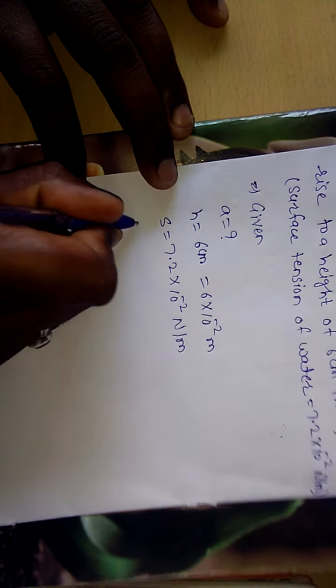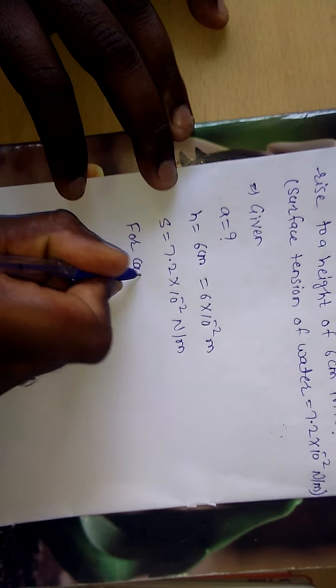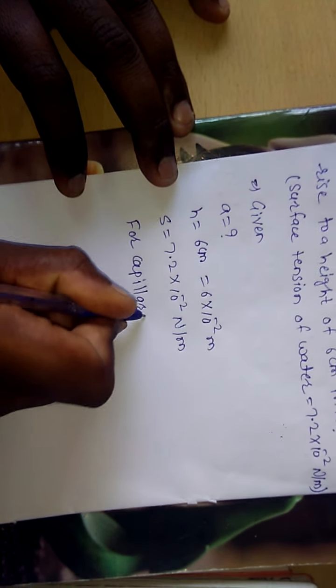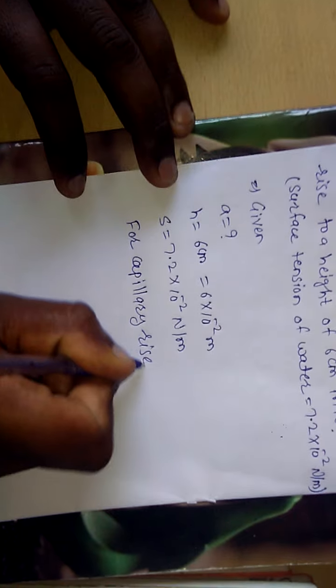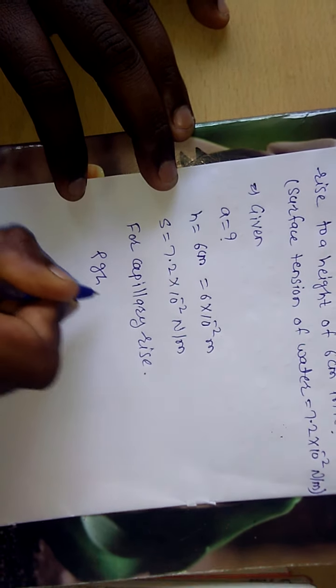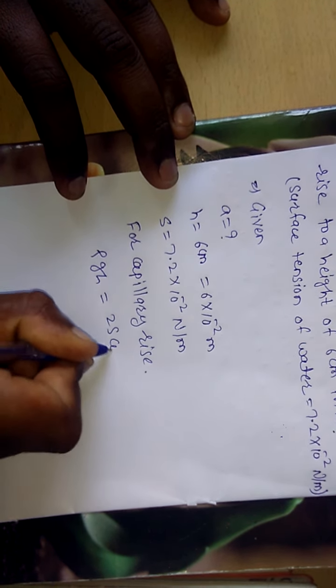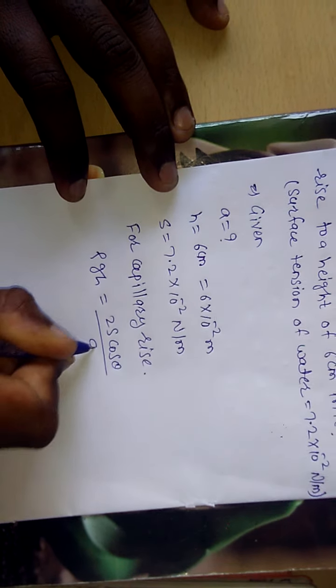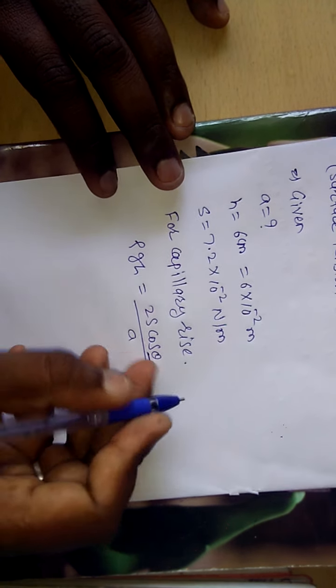Then for capillary rise, we know the formula, that is rho g h is equal to 2s cos theta divided by A. Here theta is 0.